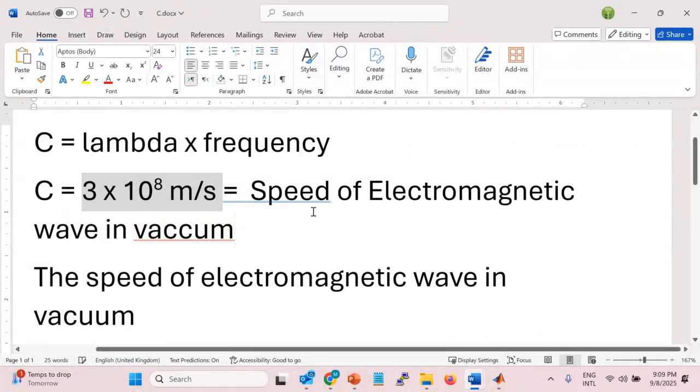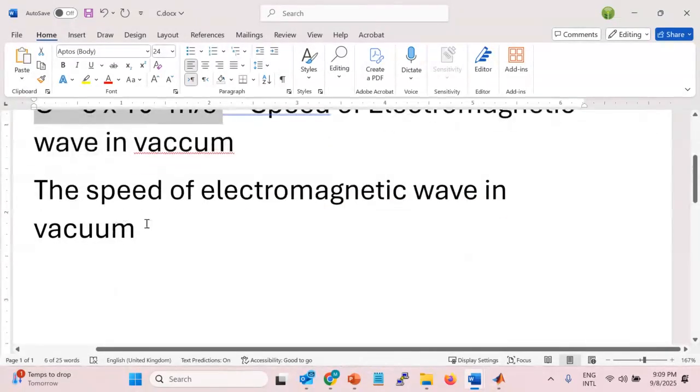As the frequency increases, lambda decreases. As lambda increases, frequency decreases. But C is constant. There is no change here.